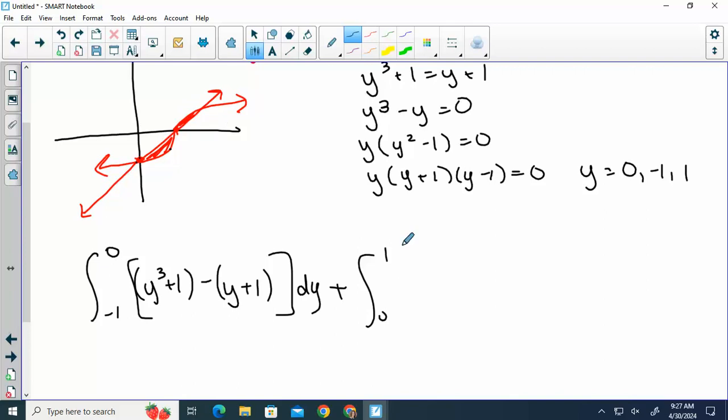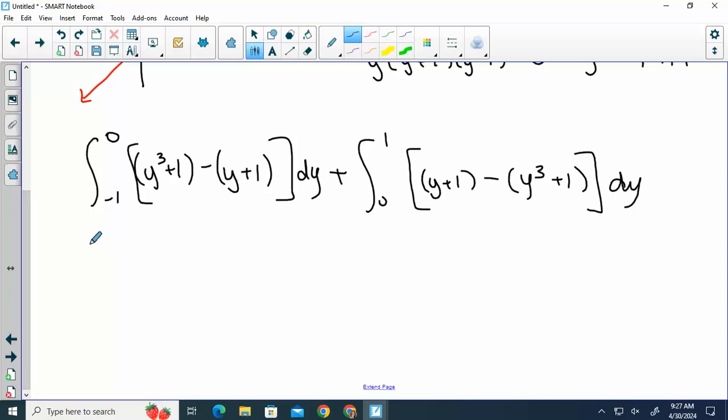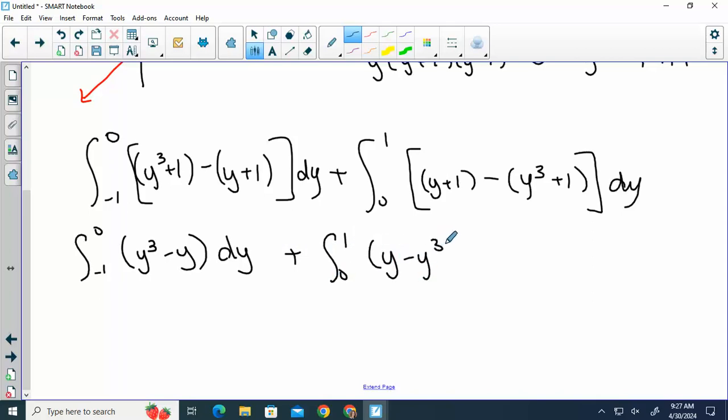From 0 to 1, the curve on the right is y plus 1 minus the curve on the left, the y cubed plus 1. You could integrate, I'll go ahead and just combine like terms, so we get a y cubed minus y, the plus 1 and minus 1 drop. And this would be y minus y cubed, plus 1 and minus 1 drop.